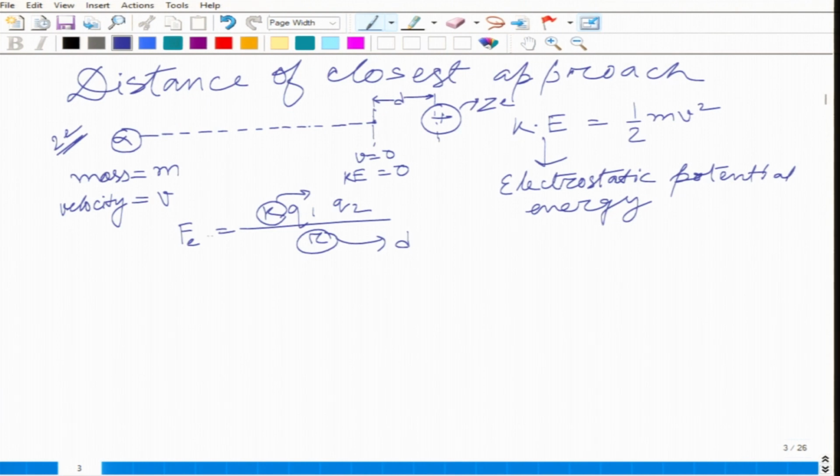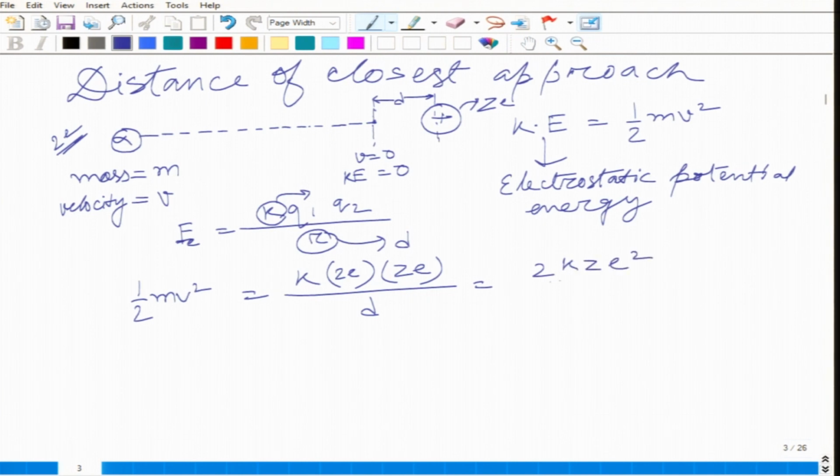So, kinetic energy will be equal to this energy. Half mv square equals, if we put the values, k into 2e into Ze by d. So, this becomes 2k Ze square by d.